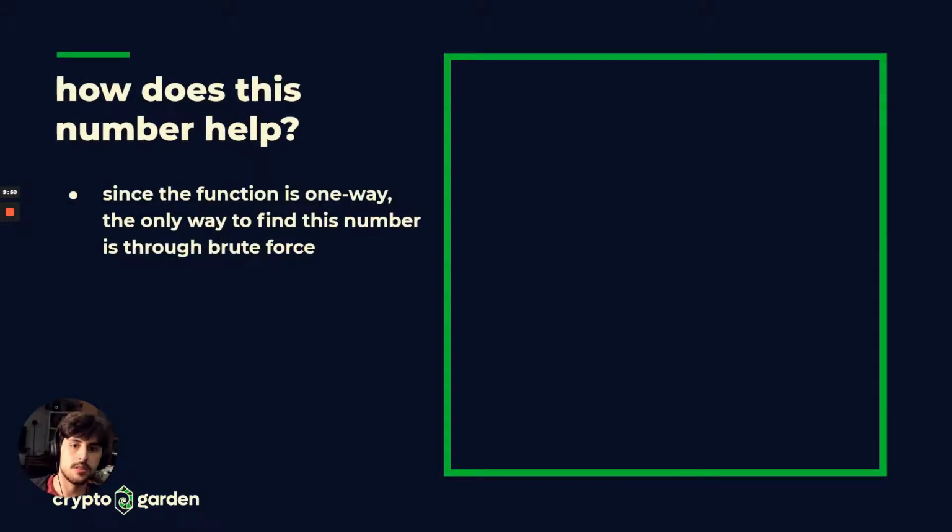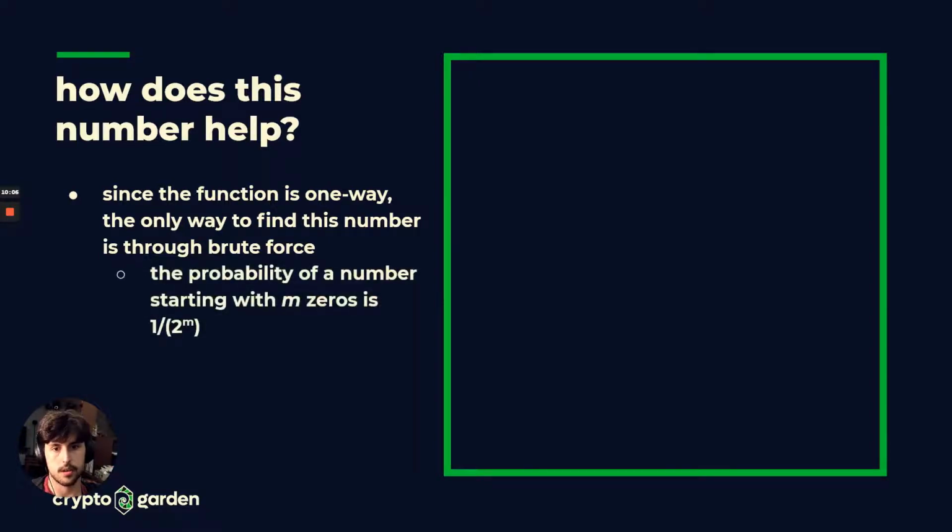Well, since our function is one way, meaning we cannot undo it, the only way we can find this number is if we brute force it. Like we go one number after the other and we try it until we get one that satisfies this property. If a number starts with m zeros, the probability of this happening is 1 divided by 2 to the power of m.